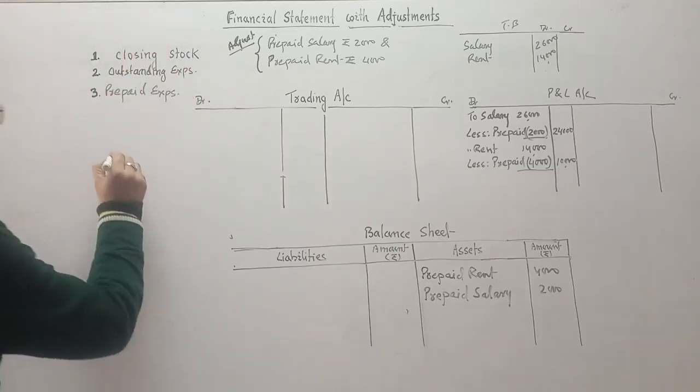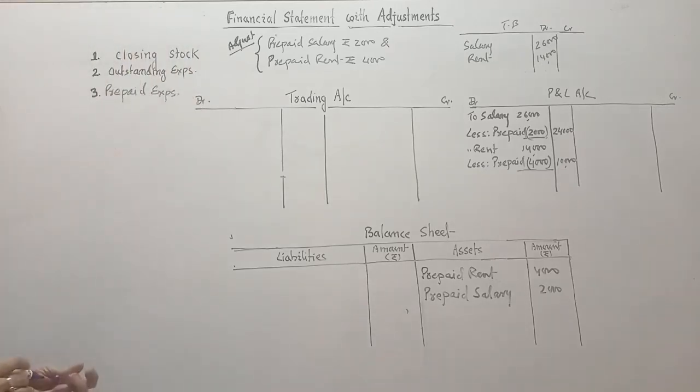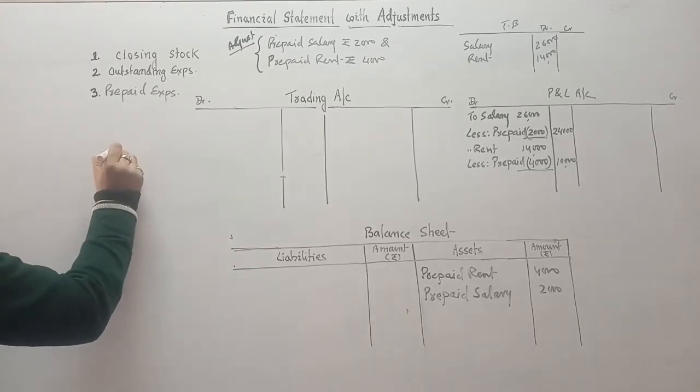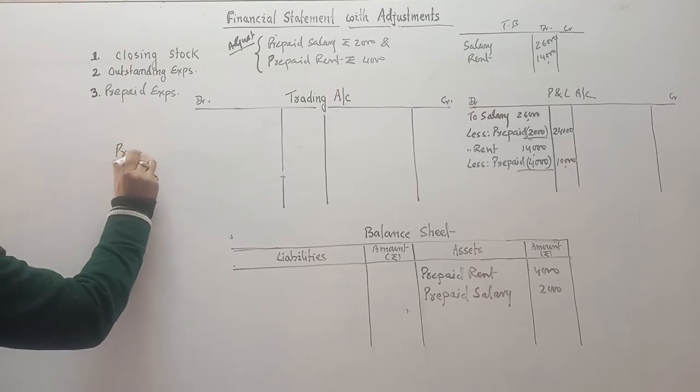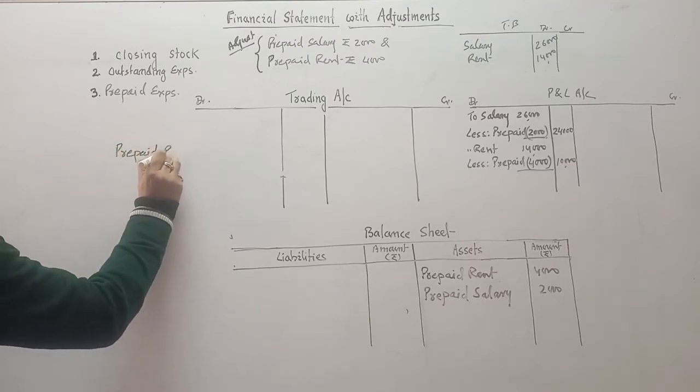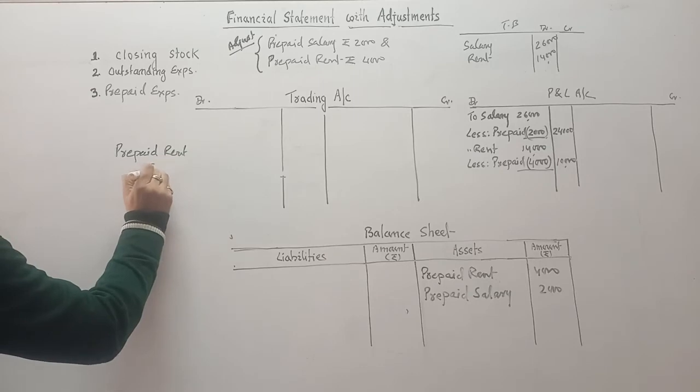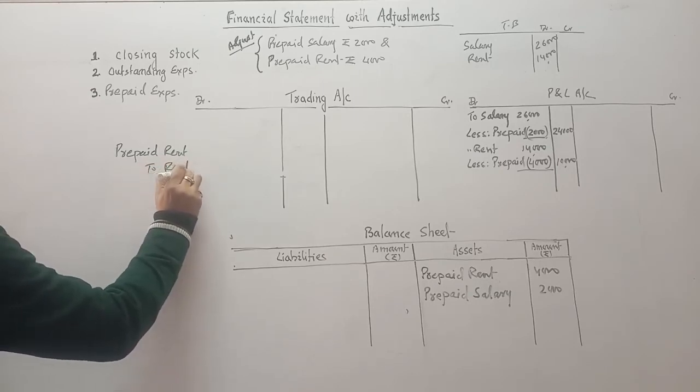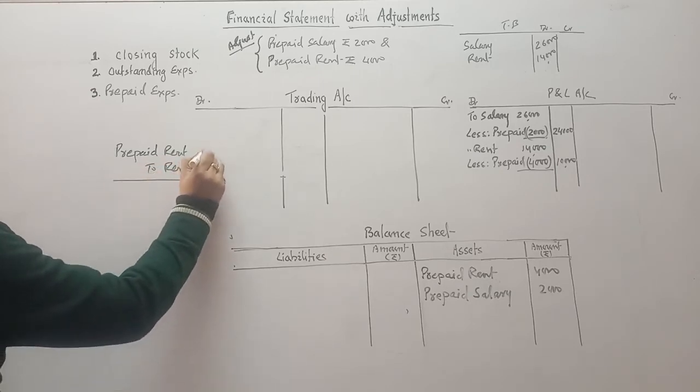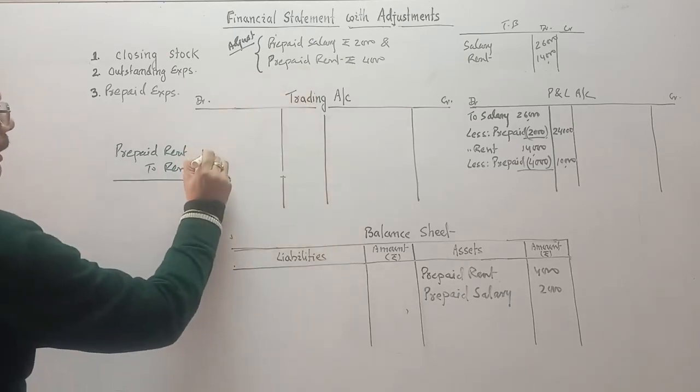The journal entry will be very simple. The journal entry for this will be prepaid rent account debit to rent account. This is the adjustment entry. Prepaid rent is how much? It is 4,000.